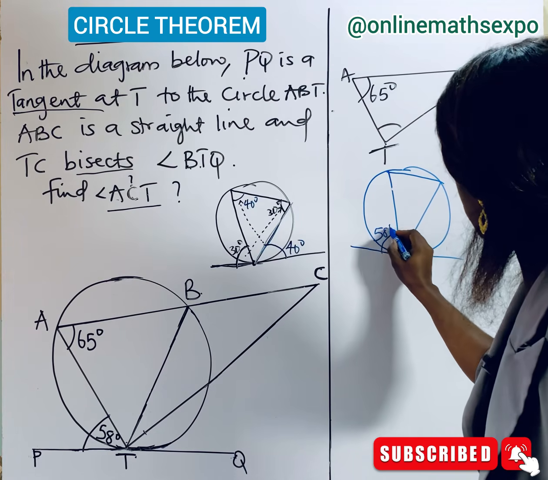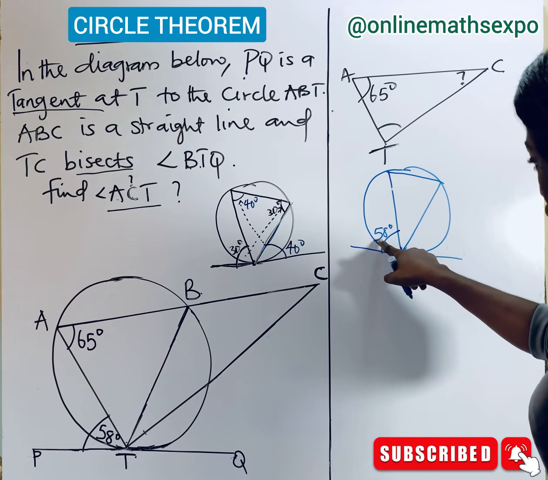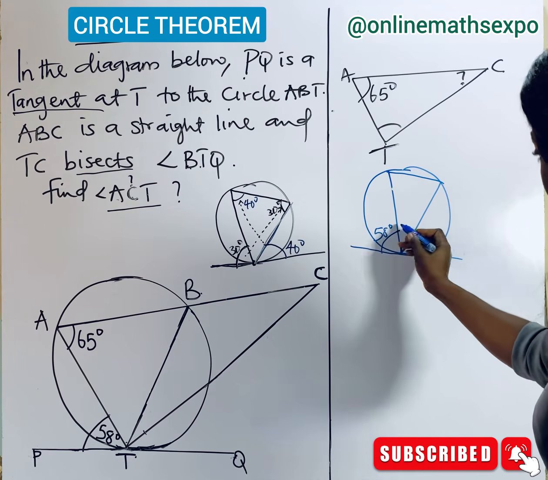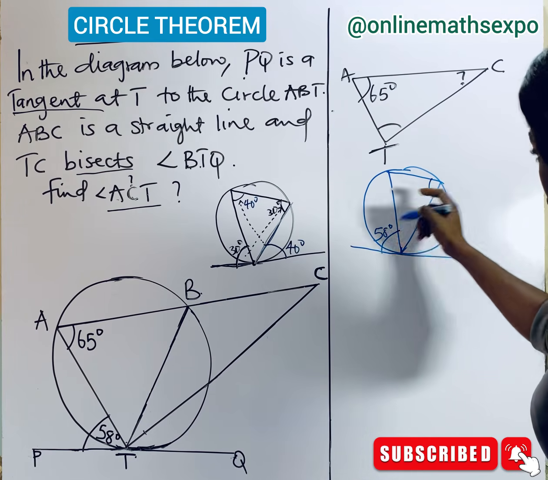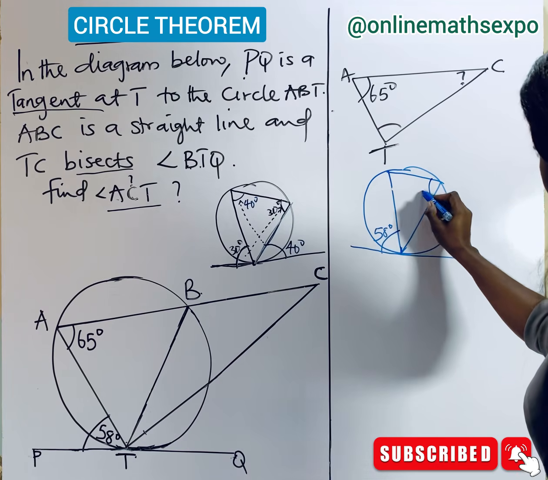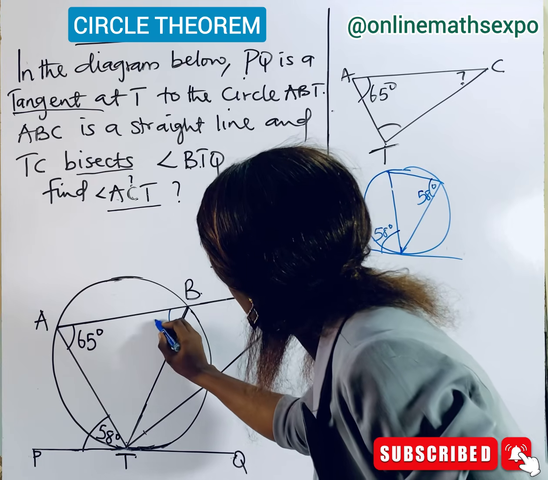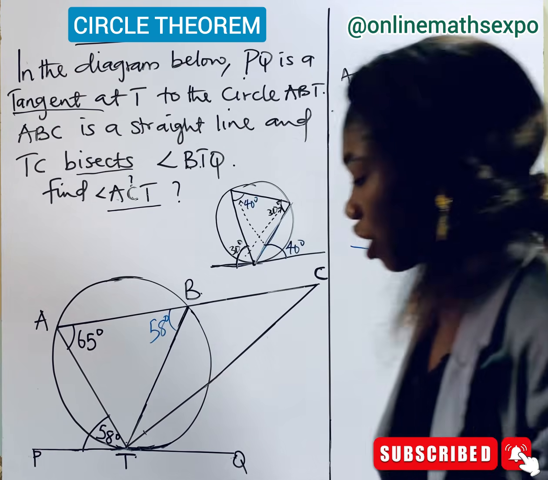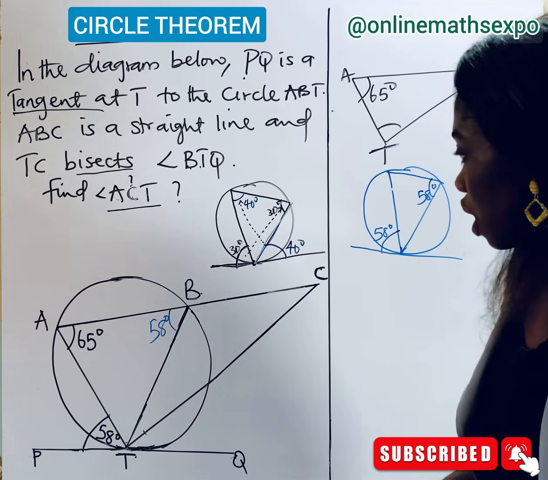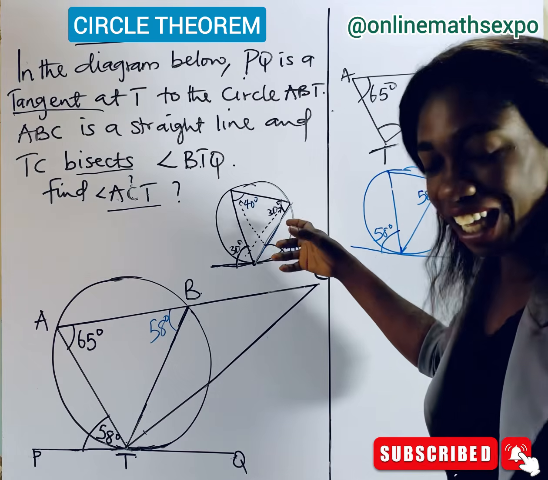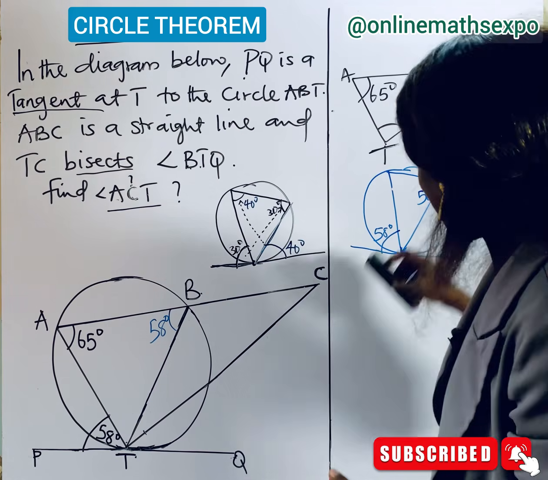So if it's 58, automatically, in alternate segments, the angle here is equal to what you have here, obeying this rule. So here will also be 58. Did you see it? So it means that this angle here is going to be 58 degrees. What does it mean? It is because of the tangent and the alternate segment.